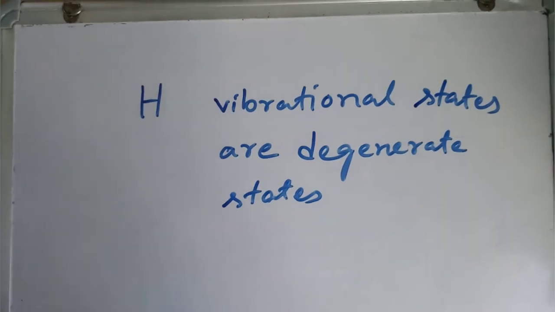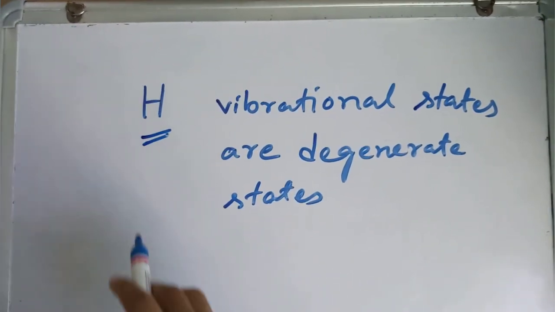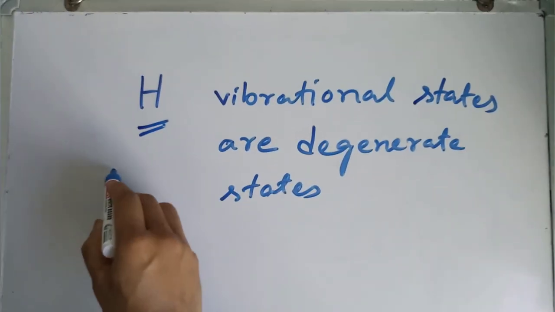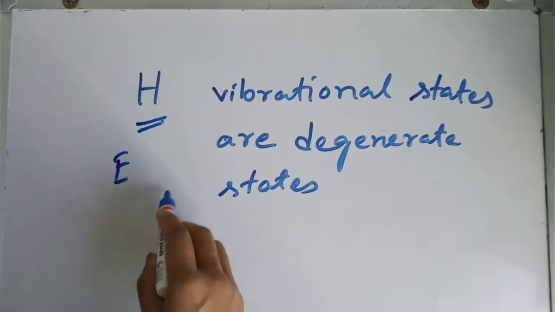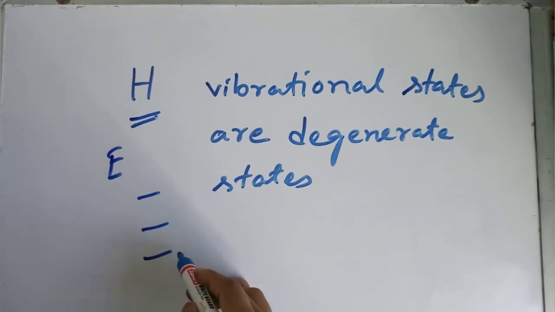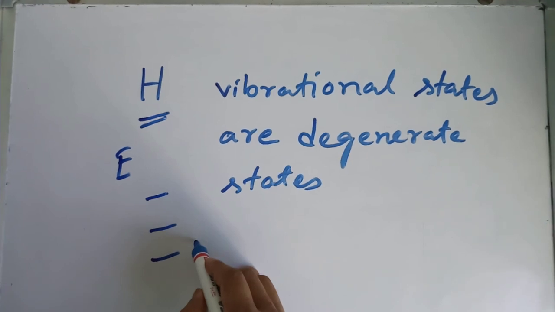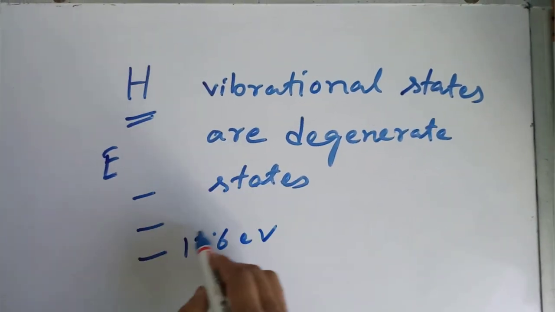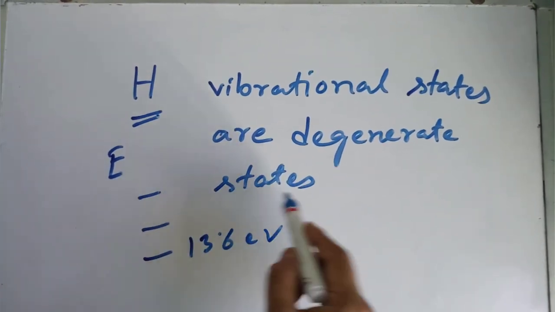For example, you can consider the hydrogen atom. For the hydrogen atom, you will get specific energies for different states. I mean, the first level, second level, third level, you get different kinds of energy. As you know, for the first level, it is 13.6 eV, and for the second one you can calculate it.